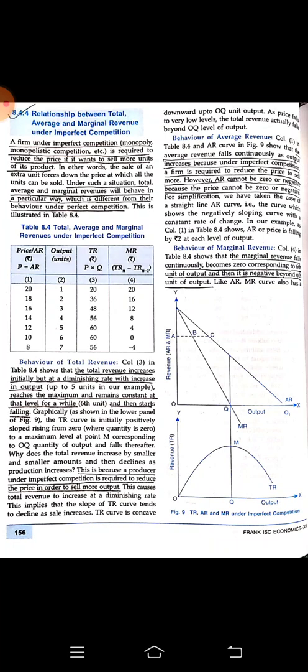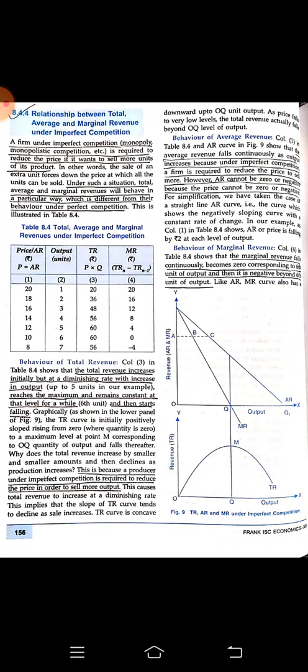So AR can go downward, AR can have a negative slope, okay, but AR can never reach 0. That is the reason why the AR curve, as you can see, is coming downward drastically, but it is not touching the x-axis. The moment it touches the x-axis, it will become 0. So it is not touching the x-axis, right?